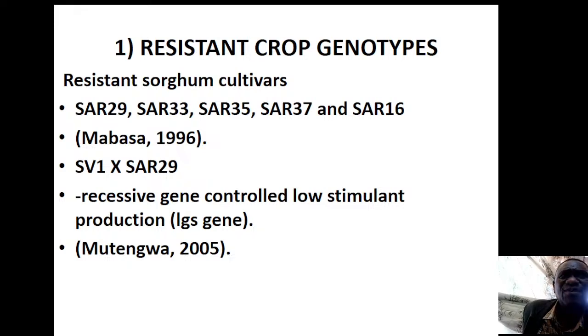And the farmers will not have any incentive to do weed control. But if farmers grow a resistant or a tolerant variety, they are assured that they are going to get grain yield.